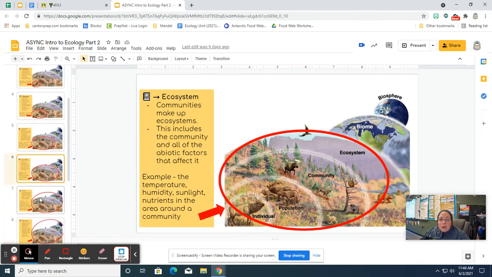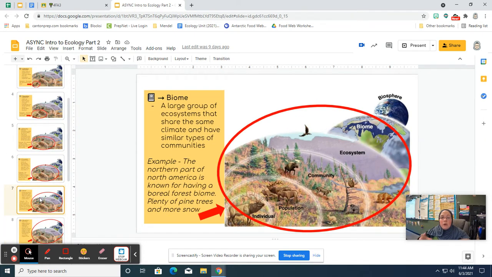If we take all of those ecosystems and we group them up by similar characteristics, we get into the category of biomes. So biomes are large ecosystems or groups of ecosystems that share certain characteristics. So, for example, all the deserts around the world.